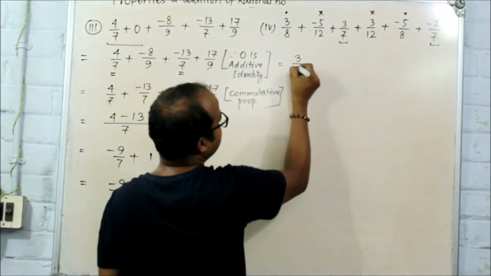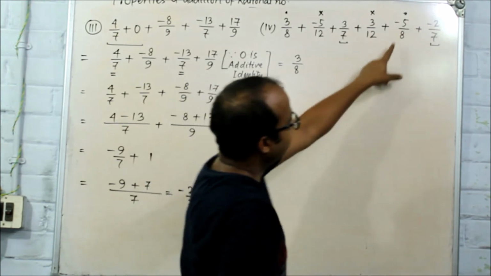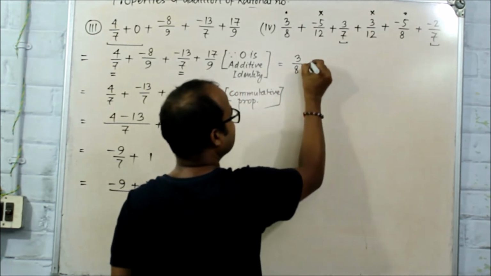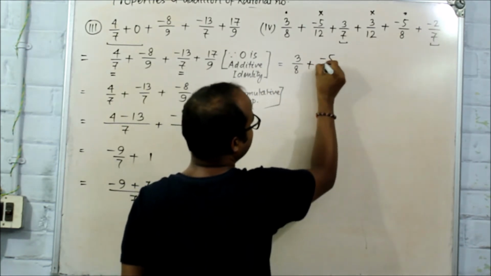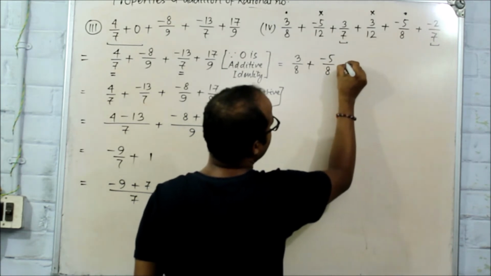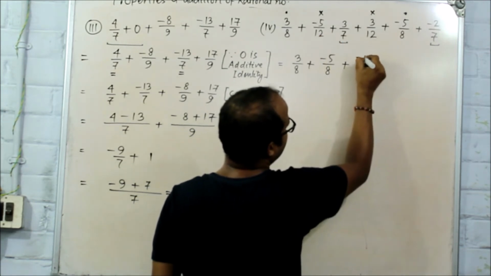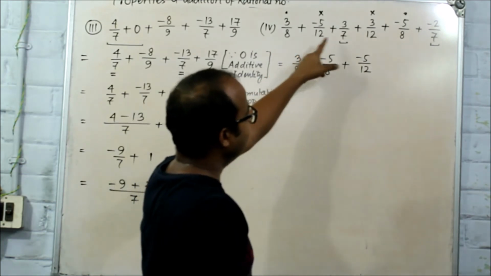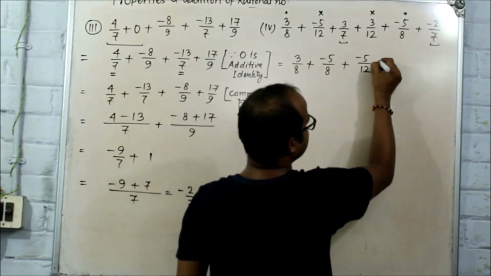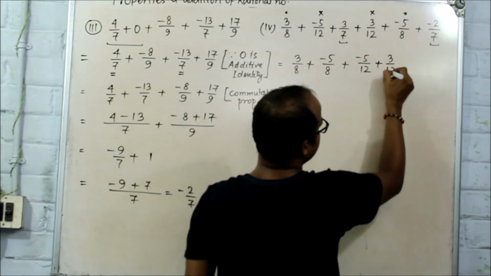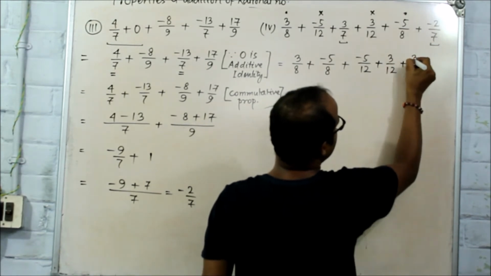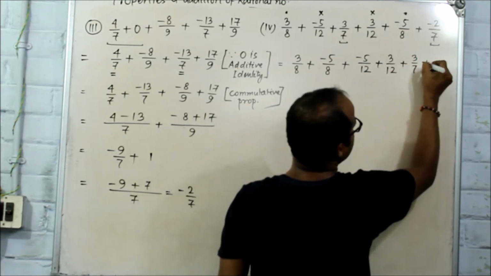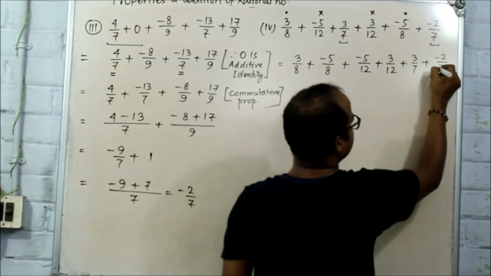So 3 by 8 plus minus 5 by 8, plus minus 5 by 12, minus 5 by 12 plus 3 by 12, plus 3 by 7 plus minus 2 by 7.